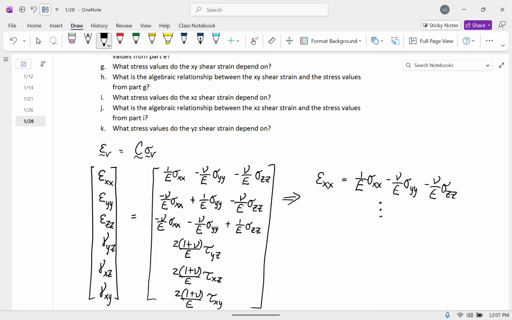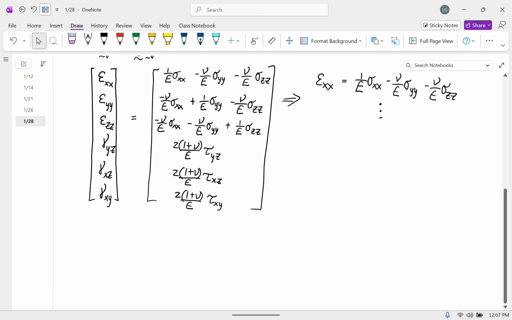Exactly. So this second vector is what you get from multiplying the compliance matrix on the left with the Voigt stress on the right. Let me do one line of that. It's a 6x6 matrix, right?